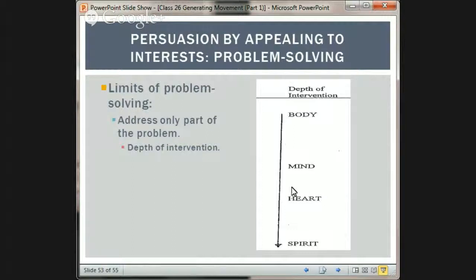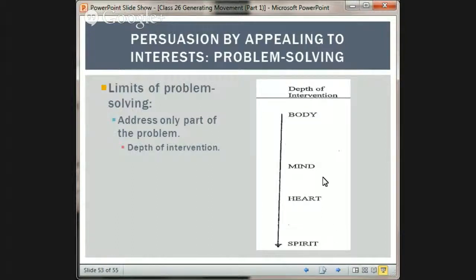And then as we move deeper into a heart level intervention, we're going to be talking about emotions and psychological needs and those softer things that can come in and really influence the way someone's thinking about the conflict. And then the last one is a very deep intervention at the spirit level, where we're talking about a full reconciliation, or at least a unilateral forgiveness of the other person.